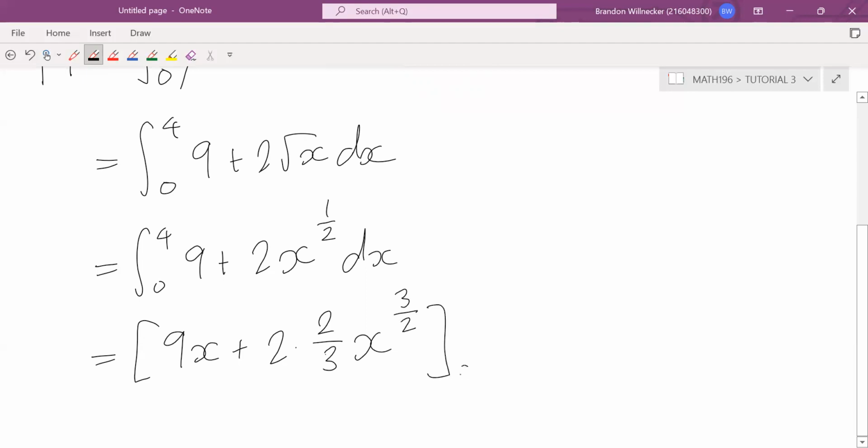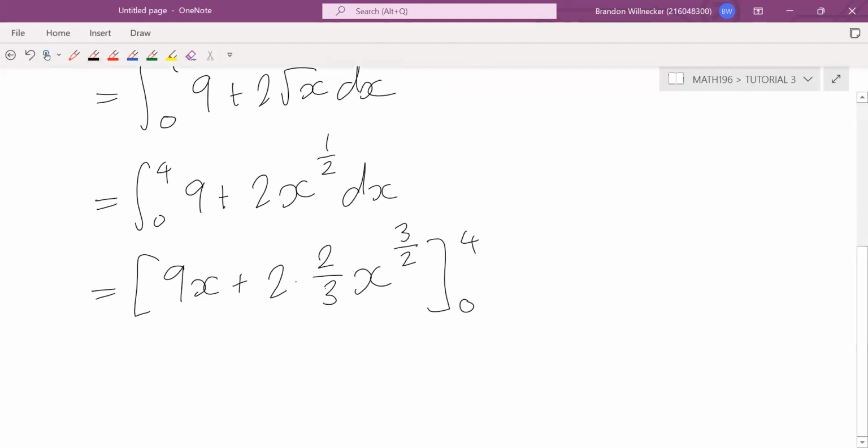And this is evaluated between 0 and 4. Okay, if we evaluate this at 0, we're just going to get 0, so that doesn't add anything. So we just need to evaluate this at 4. So this is going to be 9 times 4 plus 4/3, 4 to the power of 3/2.